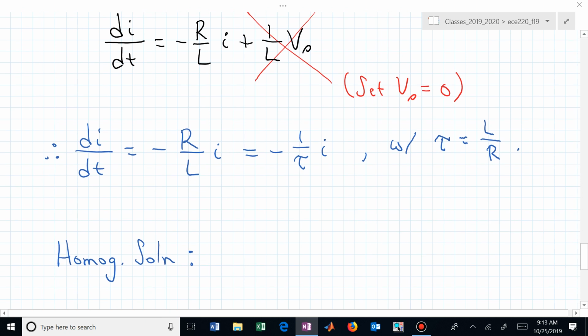And we know what the homogeneous solution is. That's what we were dealing with in the natural response. I sub h, which is what we said we would call it, what does it look like structurally? If I have something whose derivative looks like the something, what did you tell me that functional structure was?